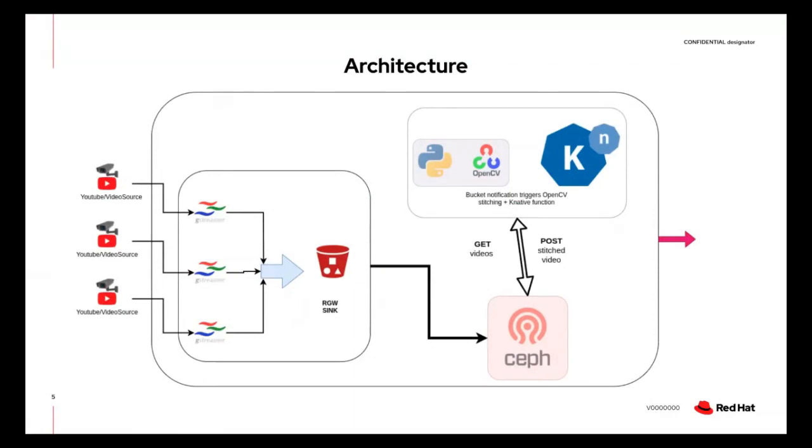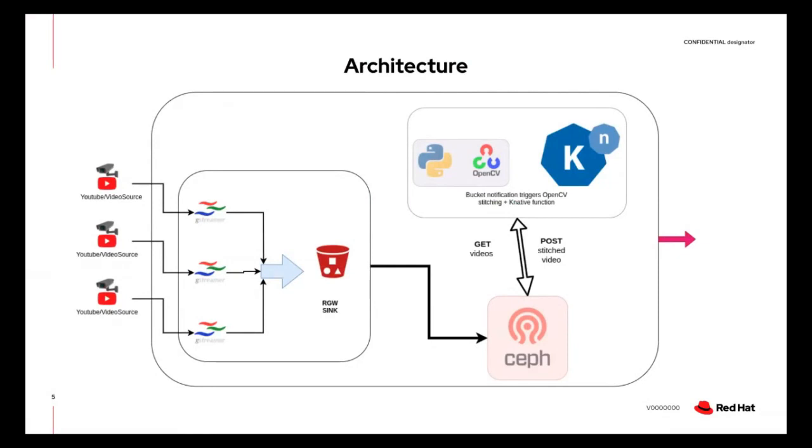We are already using a source plugin, souphttpsrc, that's already available to stream from our live source. We've built the sink plugin. Our sink plugin basically uses the S3 API to upload video to Ceph from its buffered live stream, and we're using the multi-part approach here.